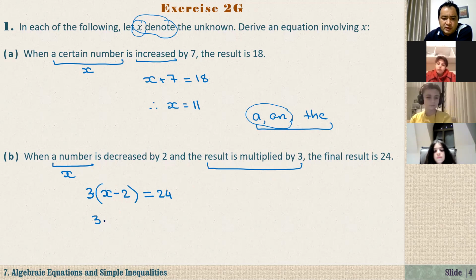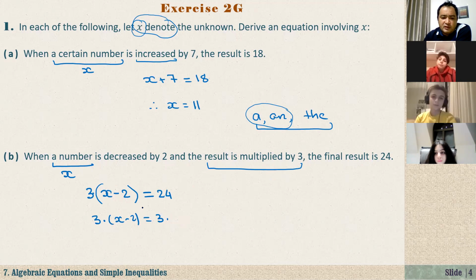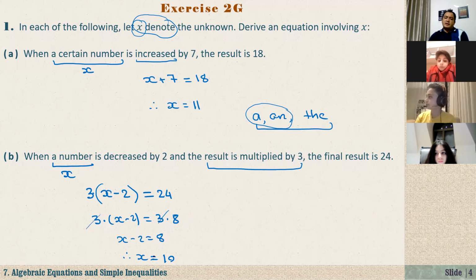I can write 3 times x minus 2 is equal to 24, which is 3 times 8. If you divide both sides by 3, the 3s are gone. So x minus 2 equals 8. So what is x? x is equal to 10, because 10 minus 2 is equal to 8.